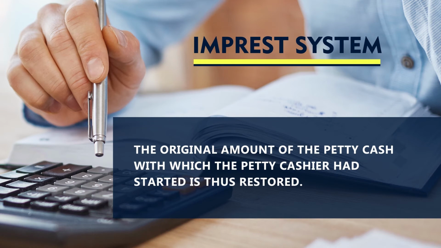Yes, of course, if I as a petty cashier was given rupees 5,000 at the beginning of the month, for example on 1st of January, in order to make the payment of the petty expenses, then after 1 month, on 31st of January, whatever payment is made by me as petty cashier, I need to obtain the vouchers for it.